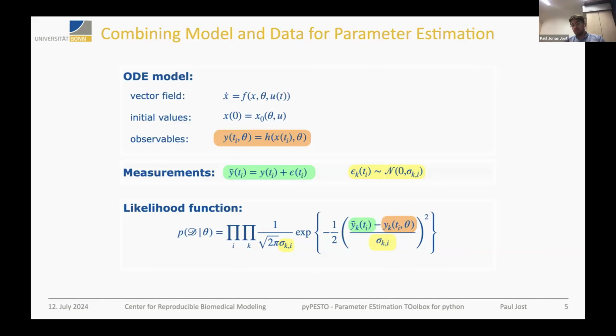The error distribution is completely up to you, but what normally is used is some kind of additive normal distribution, or the multiplicative log normal distribution. You're free to choose. And from there, what we can do is we can take a parameter set, which we don't know. We simulate the model, take our observables, and then subtract them here. This leaves us only with the error, which is normally distributed.